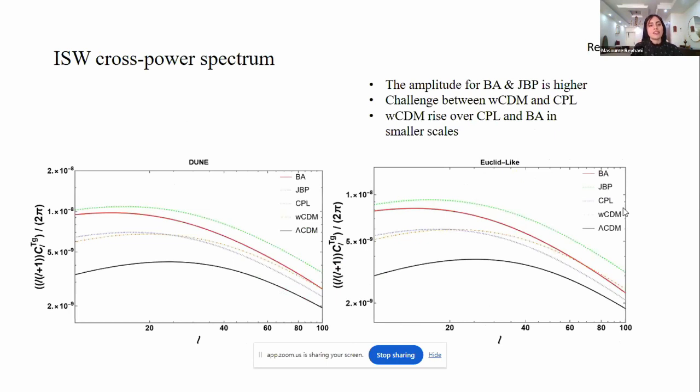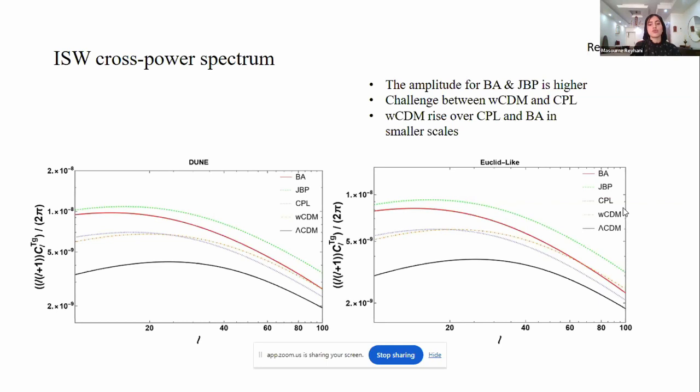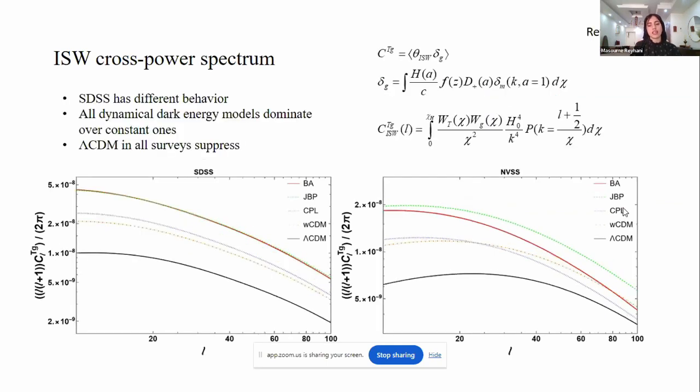The last panels belong to the ISW cross power spectrum. Here, as you can see, we have depicted the ISW cross power spectrum in 4 different panels for 4 different surveys: DUNE, Euclid-like, SDSS, and NVSS. As you know, the ISW cross power spectrum studies the correlation between the ISW temperature anisotropy and the large scale structure such as galaxies.